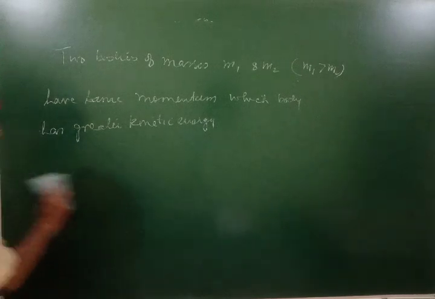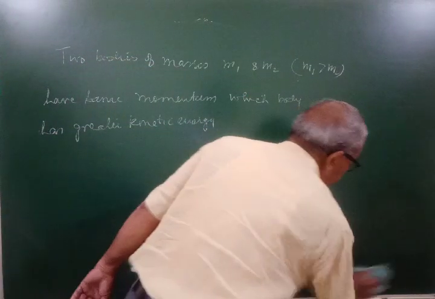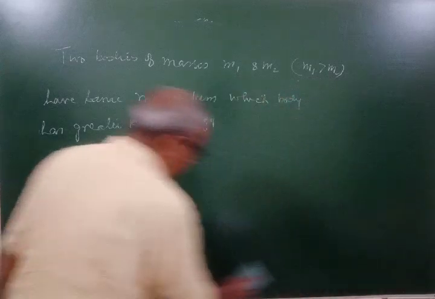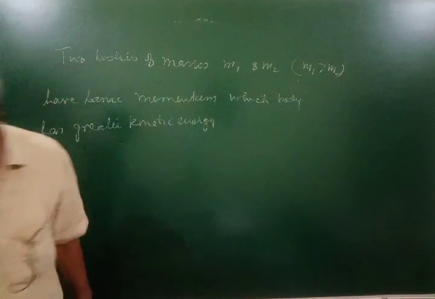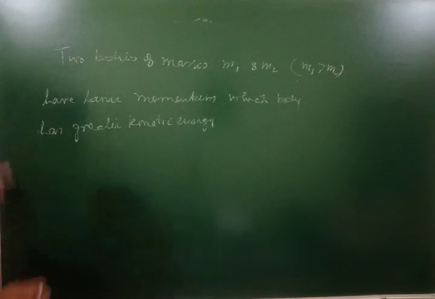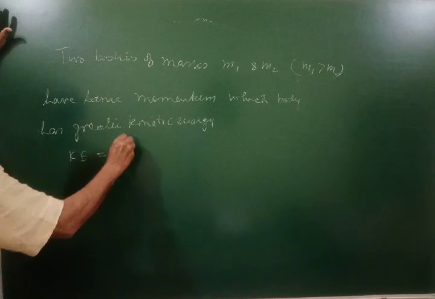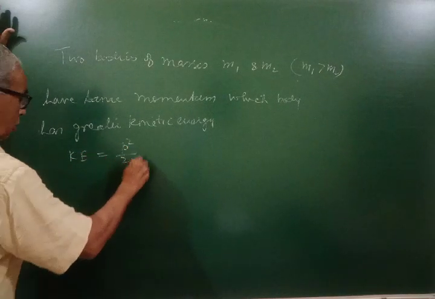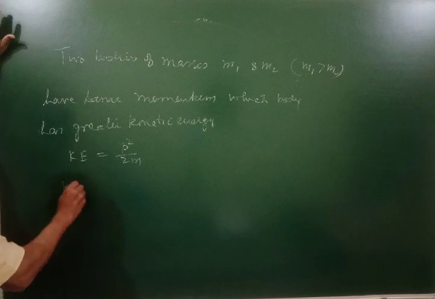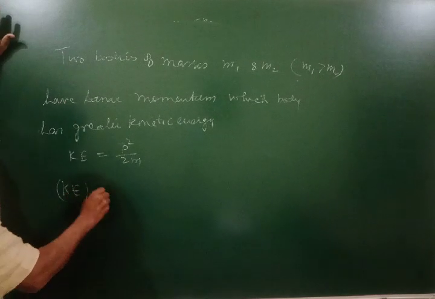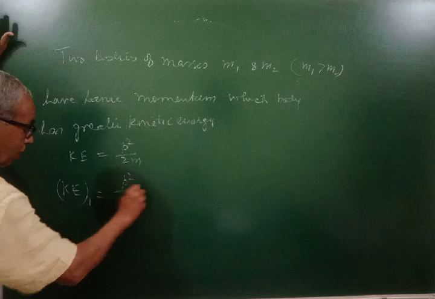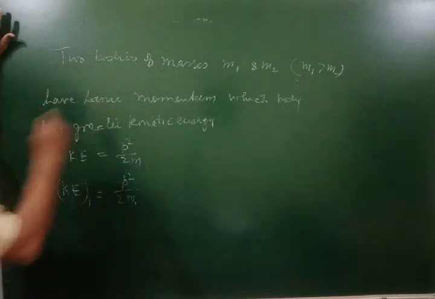in a very difficult way. There are two very simple questions, but remember basic facts. So we know kinetic energy is equal to P square by 2m. So KE of body 1 is equal to P square upon 2m1, because they have the same momentum.